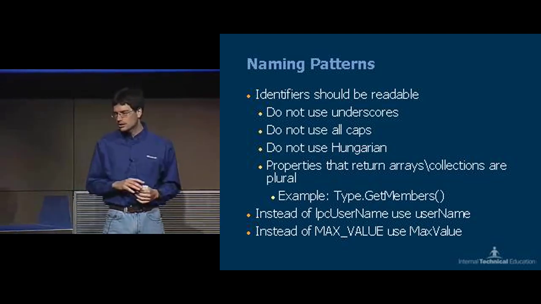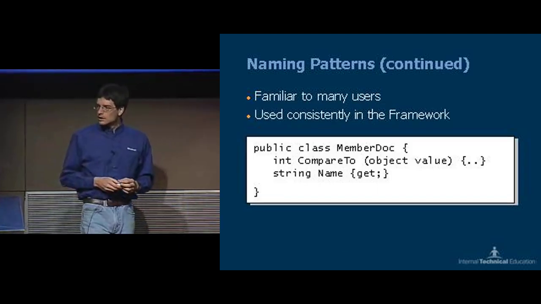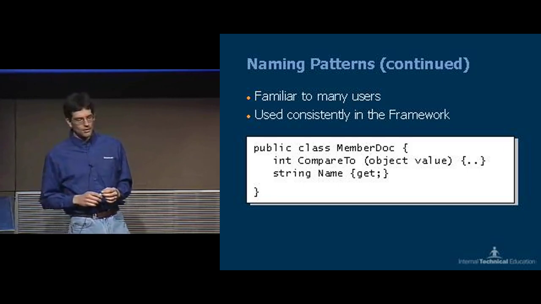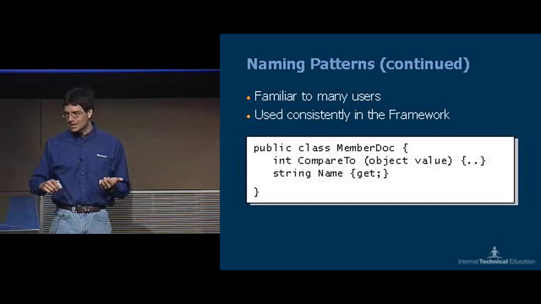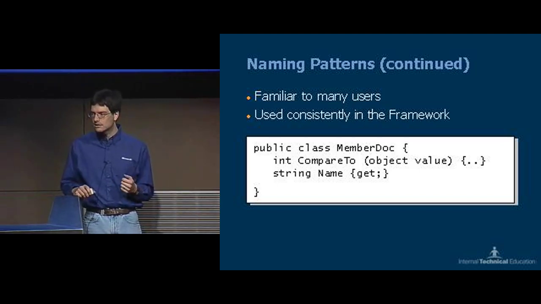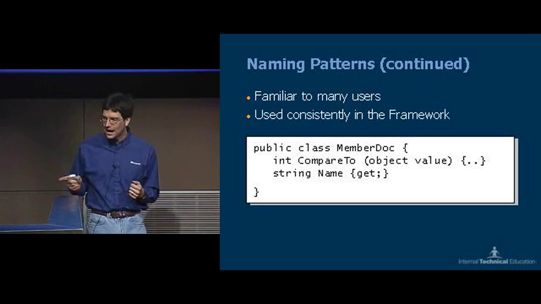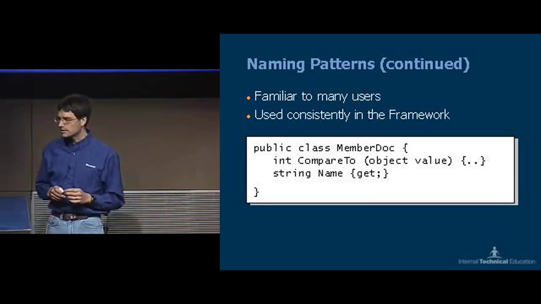We differentiate those with the naming. This is just an example of the naming pattern we use in the platform. You see the class name is Pascal cased, the method name is Pascal cased, and the parameter name is camel cased.